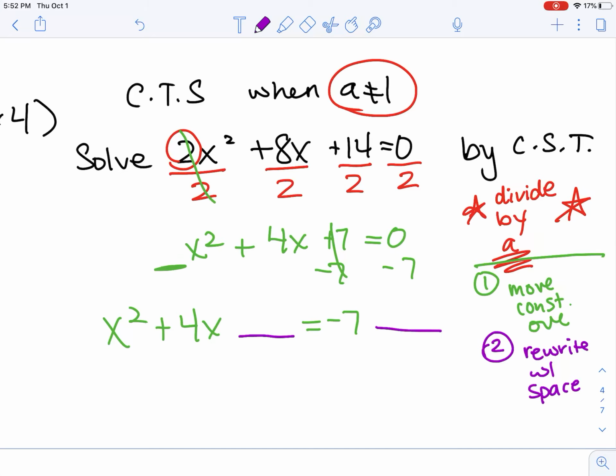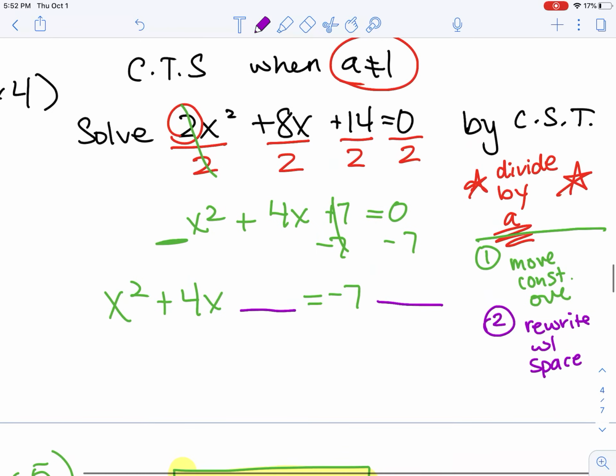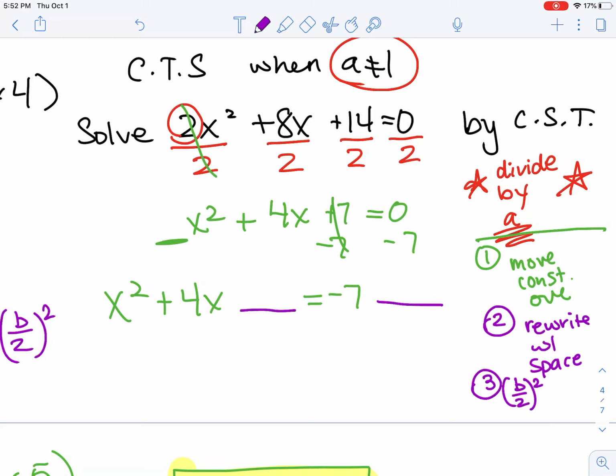So we're going to put a space here, and we're going to balance it on the other side of the equation right there. And then step 3, we're going to fill each space with b over 2 squared in both of the spaces. So b over 2 squared is really 4 over 2 squared, which is 2 squared, which is 4. So we're going to add 4 in both spaces.